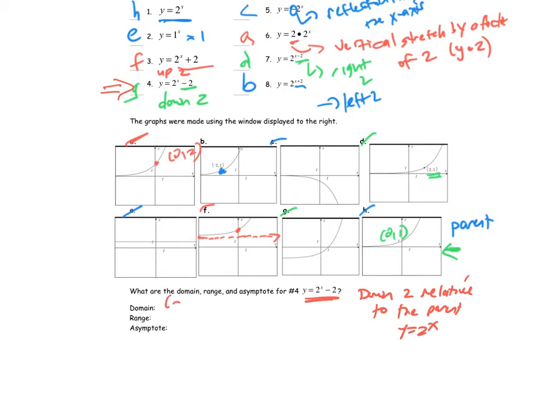The domain of these exponential functions is negative infinity to infinity. However, the range changes, right? The range used to be 0 to infinity, and if this is going down 2, the range is now negative 2 to infinity, and the asymptote is shifted down from y equals 0 to y equals negative 2. And the only thing that's going to change the horizontal asymptotes for these exponential growth and decay functions will be vertical shifts.